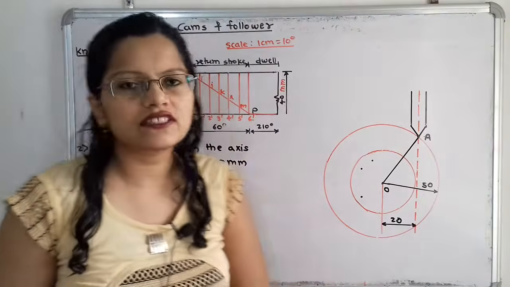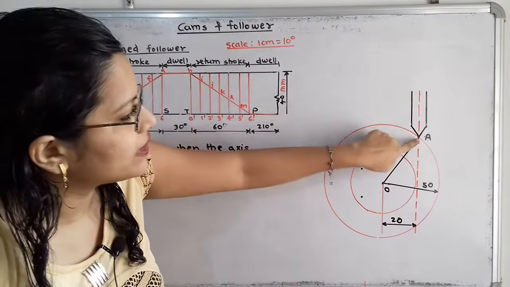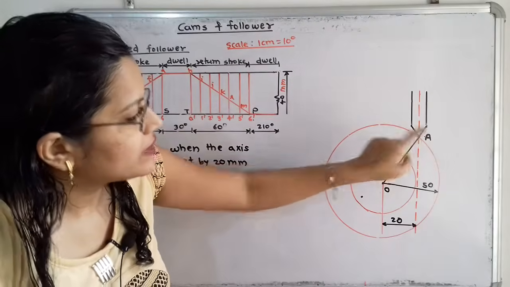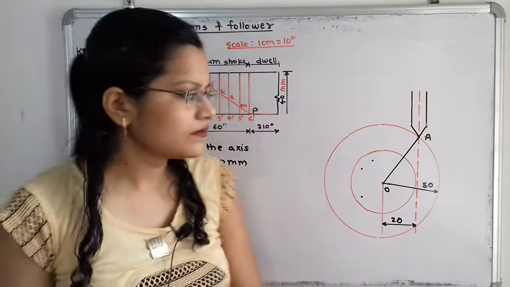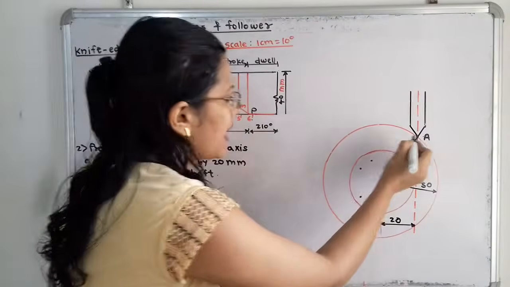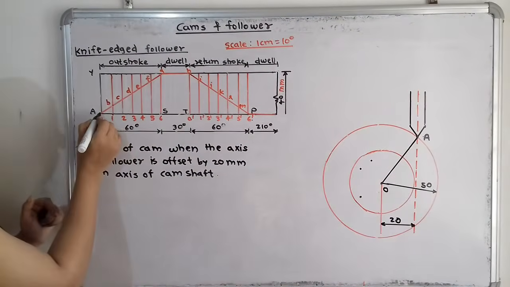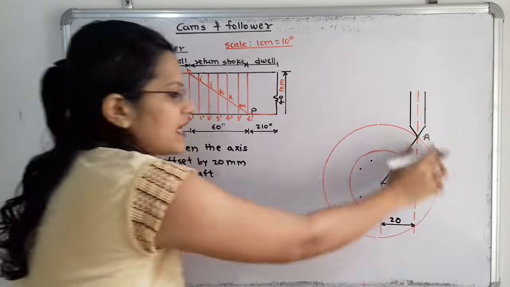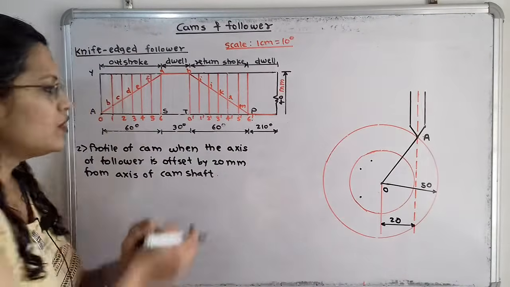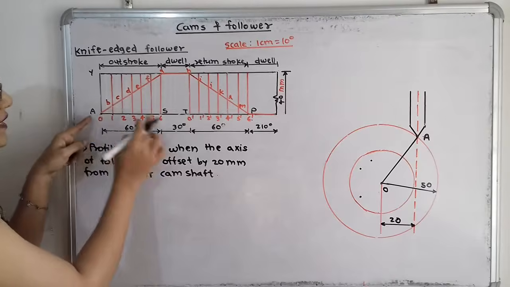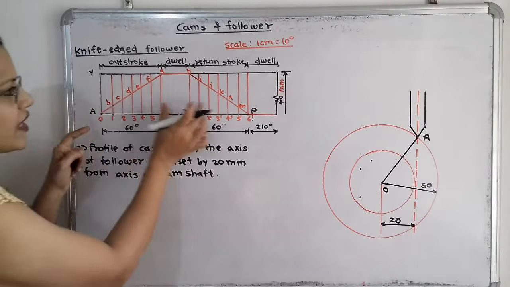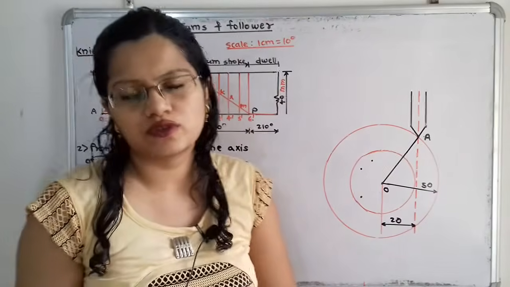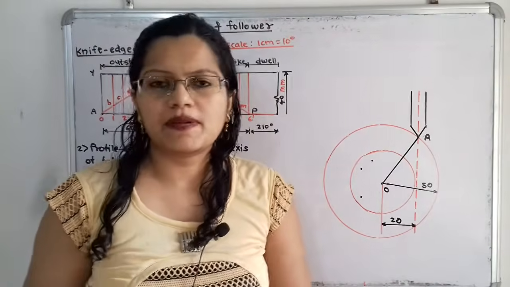Our follower is the knife edge follower. So I have shown it here with this point. Initially the knife edge is at point A. So this is the linear displacement diagram and this is the angular displacement diagram. This linear displacement in terms of outstroke, dwell and return stroke, we have to convert into angular displacement.